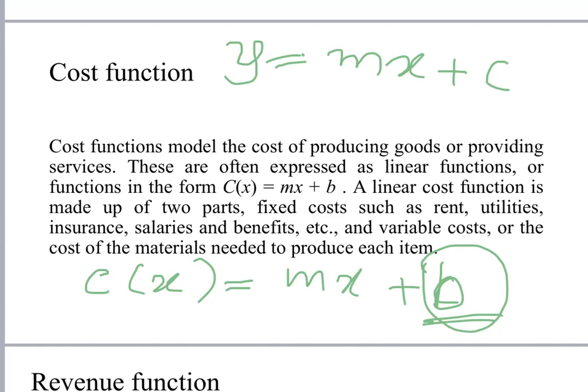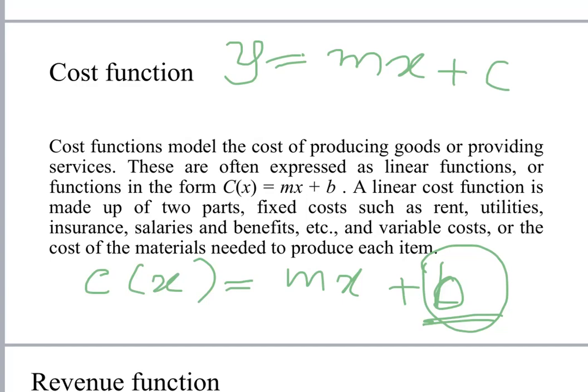Right? That means in the linear cost function there are two parts. Normally we know fixed costs such as rental, insurance, salaries, other benefits, etc. And variable cost depends on the number of units that you produce, right?